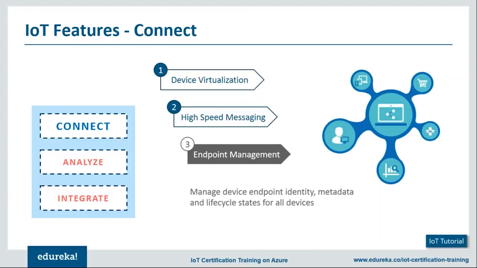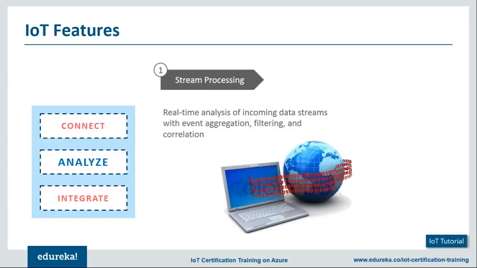Now, coming to the next feature, which is Analyze, the first thing that you need to do for analysis is stream processing. If the data coming from the device is not on a real-time basis, then my system is of no use. There's no use if I tell my system to switch on the AC at my home, and by the time I reach there, the AC is not even turned on, then it's a failure of my system. So real-time analysis of the incoming and outgoing data must be done with respect to different aggregations, filtering, correlations, processing, and so forth.